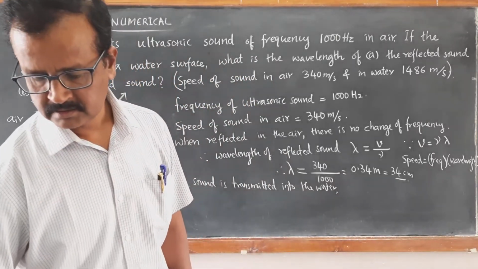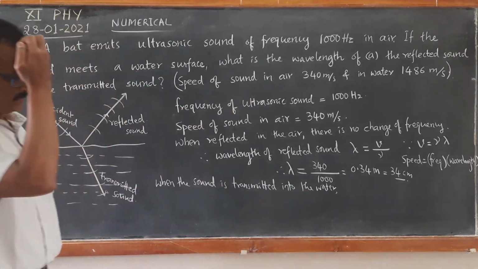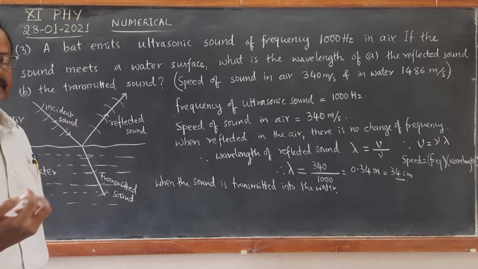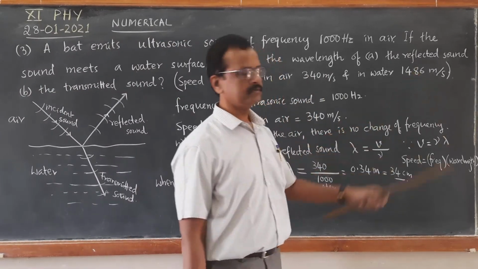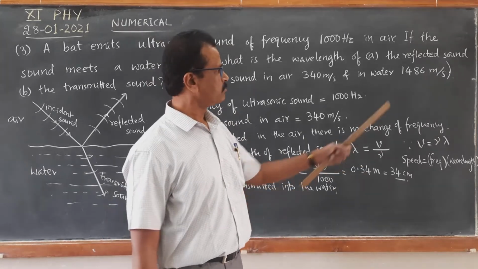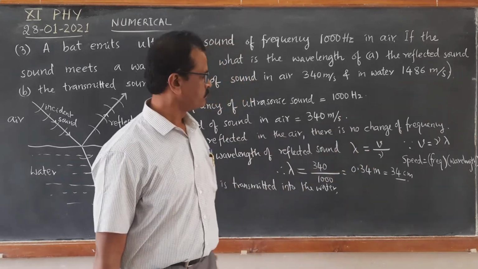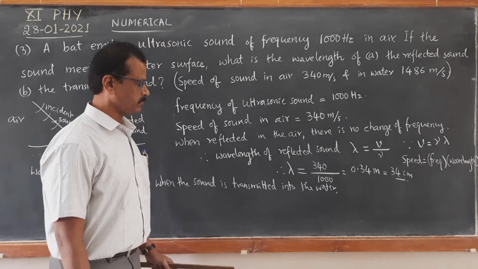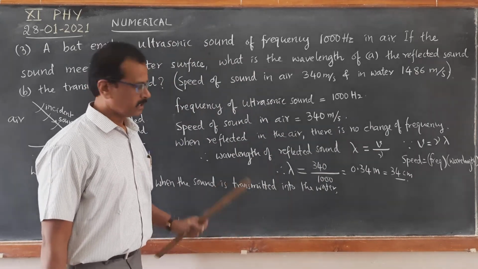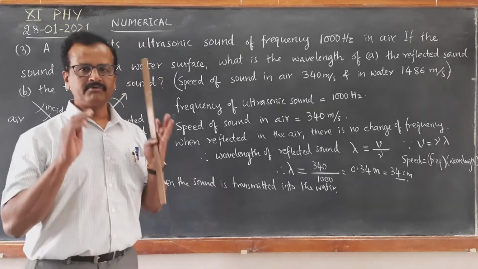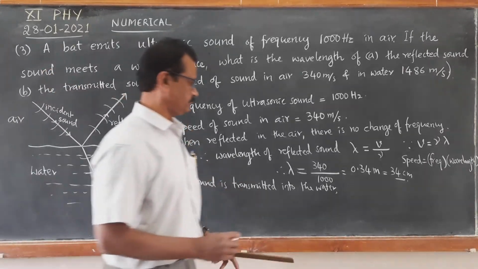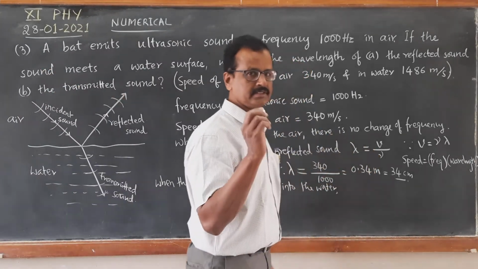Water is a liquid medium, therefore speed of sound increases. It is increasing from 340 to about 1486, almost 1500 meter per second. So we can calculate now what is the wavelength. Again remember, when the sound is transmitted through the water, frequency remains the same. Frequency does not change. This is interesting.